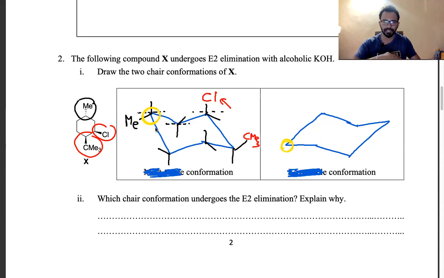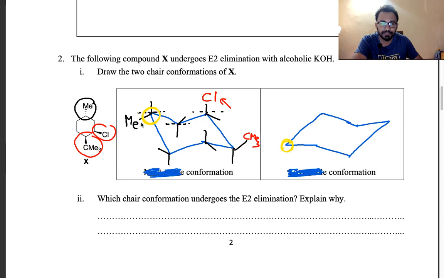When we are considering two structures, one structure is always downwards. But here, axial must become equatorial, and equatorial must become axial. But below the plane is always below the plane, and above the plane is always above the plane.